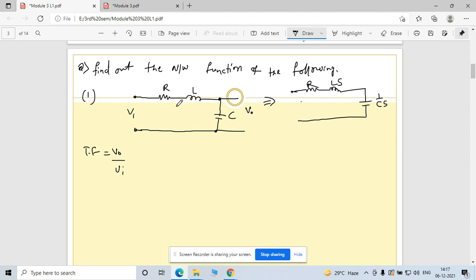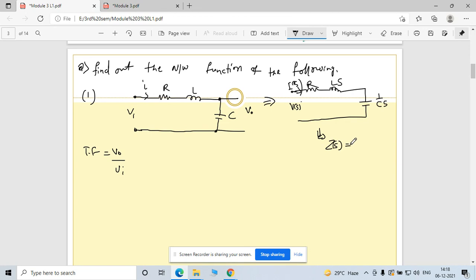But when you talk about the impedance, what is the impedance for this? Some current flows from this point, I. When you convert to S domain, it becomes I of S. So here this is V of S, and this is I of S. What is the value of impedance?